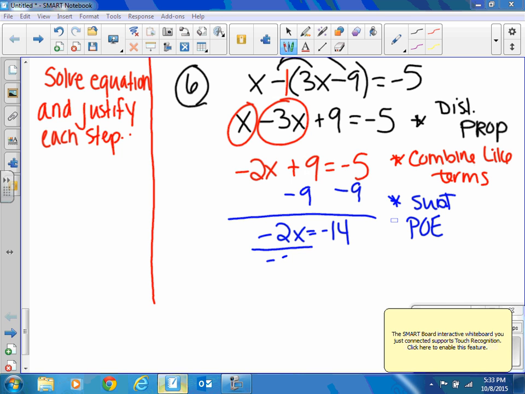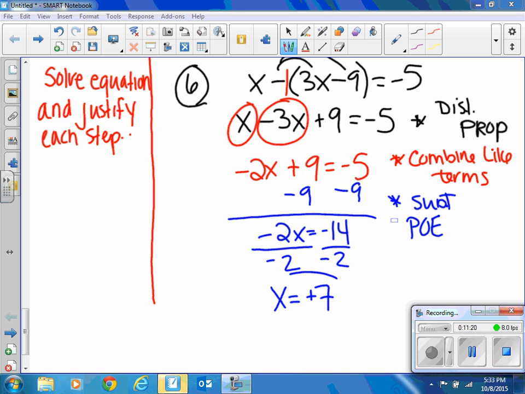And then we divide by negative 2, divide by negative 2. x is equal to a positive 7. Of course, you don't need that positive out there. And that last one would be the division property of equality. So we're just justifying why we did each step. What did we use to continue on to solving that equation?